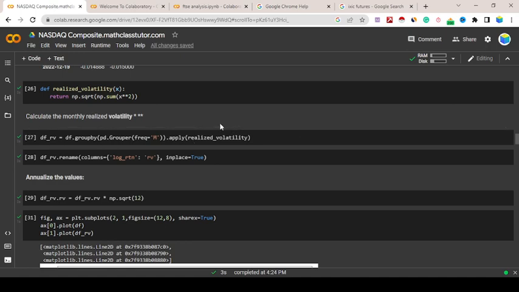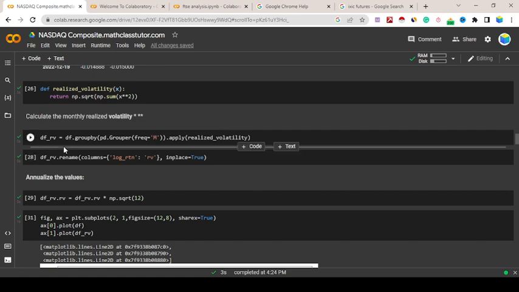Now, another way to get the realized volatility. This is very important. We can get the return using np.sqrt and np.sum of x squared. So calculate the monthly realized volatility. We need to convert all the data, because I am collecting this data day by day, so we need to convert it into monthly.